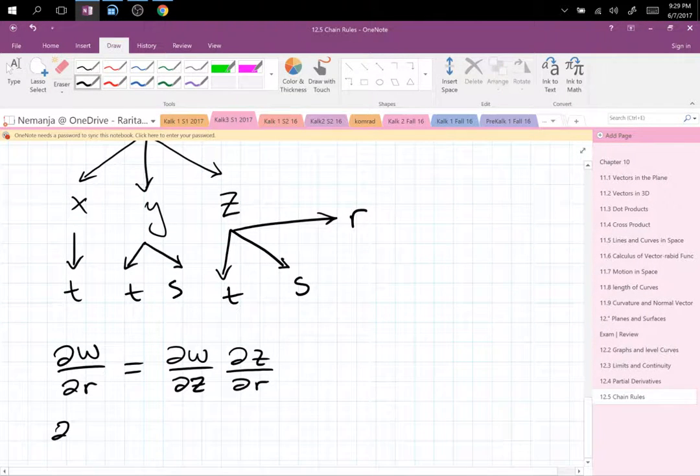How about partial W, partial S? So who's going to tell me what to write?